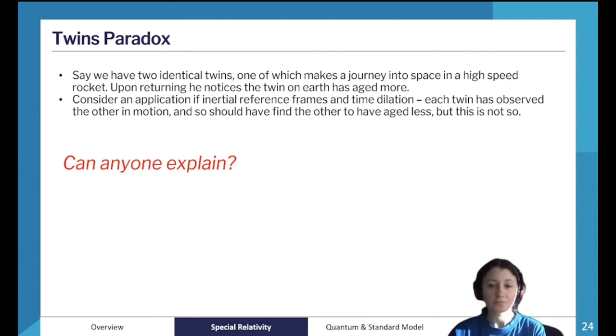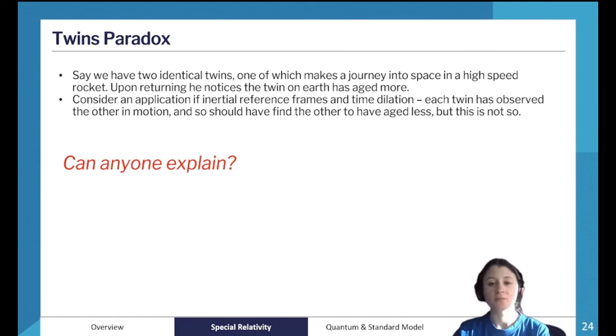Now, for a little bit of background, Einstein came up with these three paradoxes when he was conceptualizing special relativity. So, he came up with the paradoxes kind of to explain his theory and really hit on those contentious points that sometimes people would try to argue.